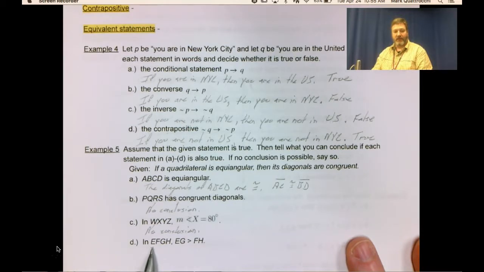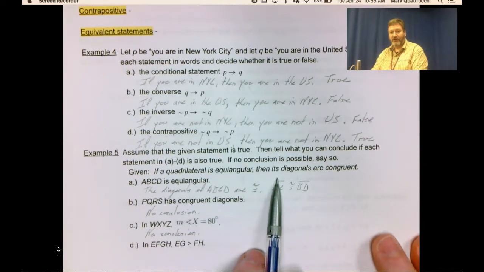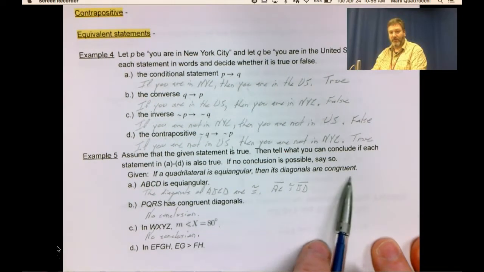If quadrilateral EFGH exists and EG is bigger than FH, or in other words, the measure of segment EG is not the same as the measure of segment FH, what we're saying is EG and FH are not congruent. This is telling me the negation of the conclusion is true.